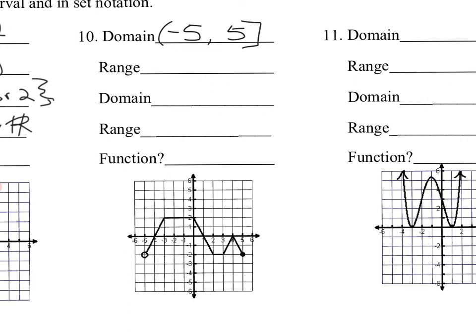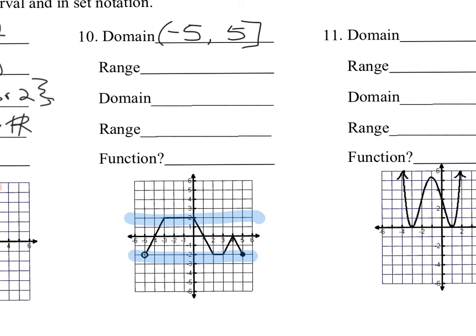Now the range is the bottommost y and the topmost y. So let's take a look. It looks like the furthest down it goes is right here, and the furthest up it goes is up here. Now, I know that when looking at this, you'll be asking, hey, I see that the y value has both an open circle and a closed circle involved.